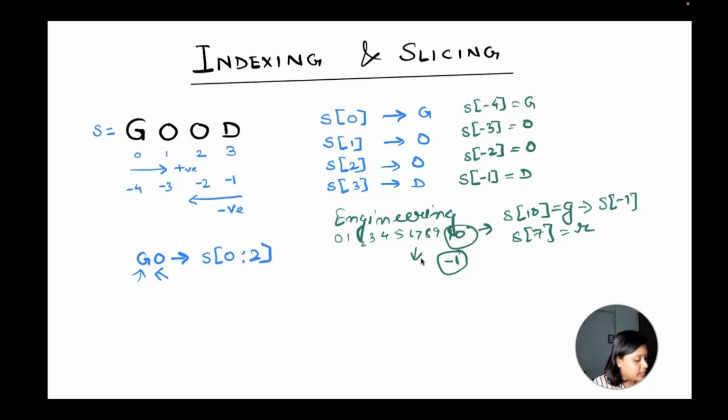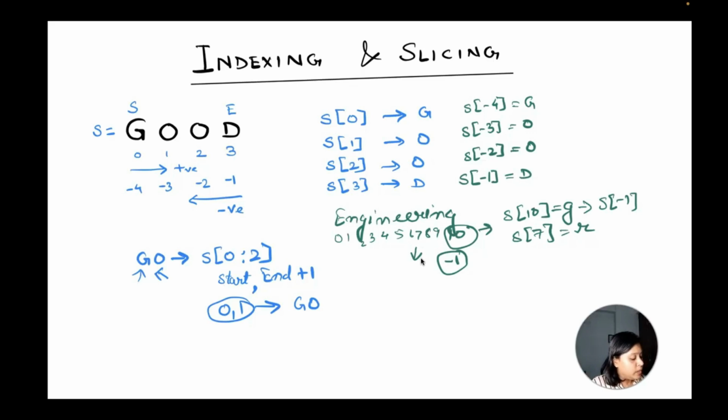What it means is this is my starting point and this is my ending point, so this denotes start and this denotes end plus 1. So 2 is not taken into account. It will count 0 and 1, whatever values are there in index 0 and 1, it will give you the output. It will not give you the output for 2. So you have to write end plus 1, that is 0 till 2.